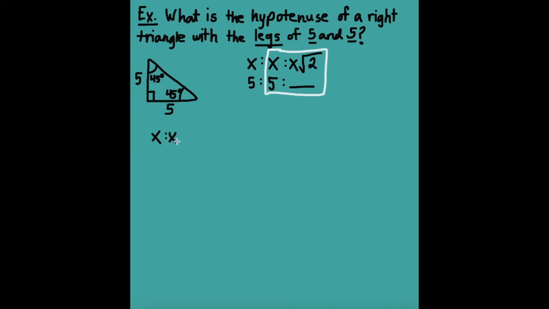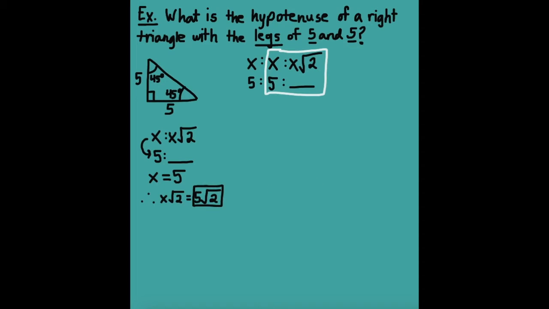X to x root 2 and 5 to some unknown number. We know x is 5, and since part of the ratio is x root 2, we know the length of the hypotenuse is 5 root 2. The pattern for finding the hypotenuse of a 45, 45, 90 triangle is just the leg times root 2. So the hypotenuse is 5 root 2.